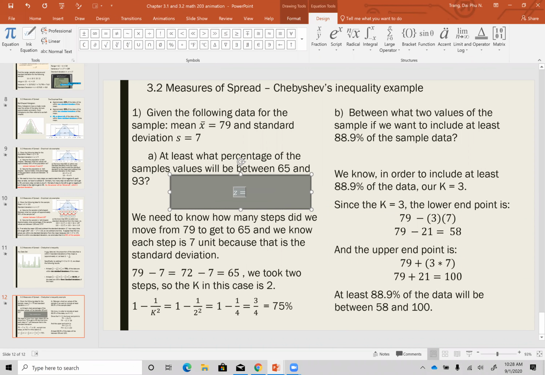The z-score basically tells you the data minus the mean divided by the standard deviation.